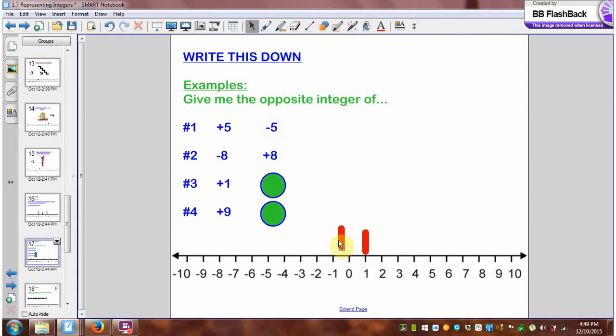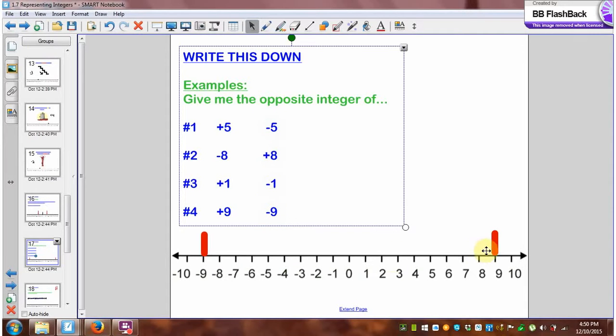So we go one space, but to the left. My opposite is negative 1. And if we have positive 9 up here, then I have to go 9 down this way, down to negative 9. They were all the same distance from 0, but just on the opposite sign. So you can use your number line to help out with that, or you can just flip your signs to find opposite integers.